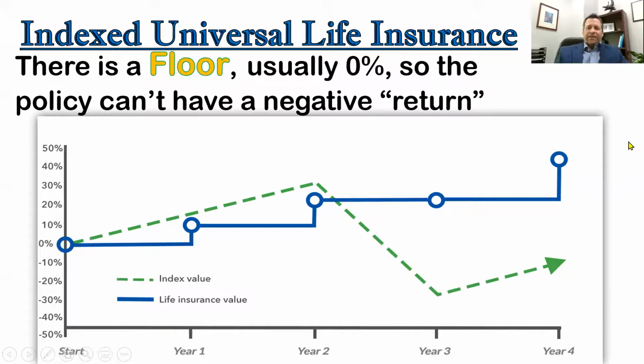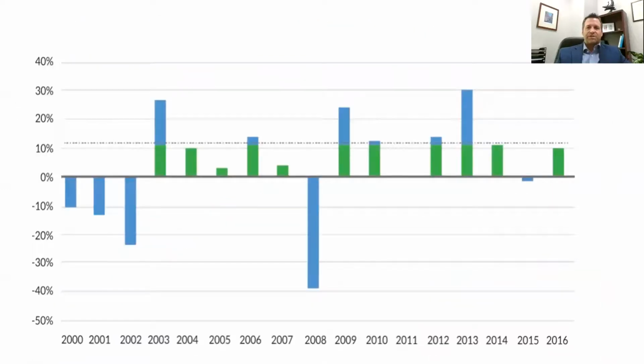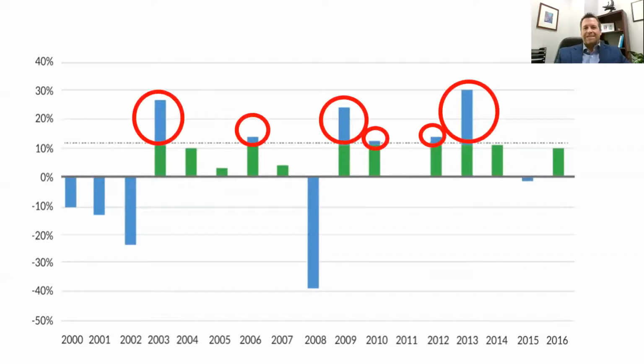But the understanding of IUL often stops there, and that's where people start making assumptions. For example, if this chart was the return of the S&P 500 over the past 16 years or so, most people are assuming that the insurance company is taking all the returns above the cap in exchange for the downside protection.